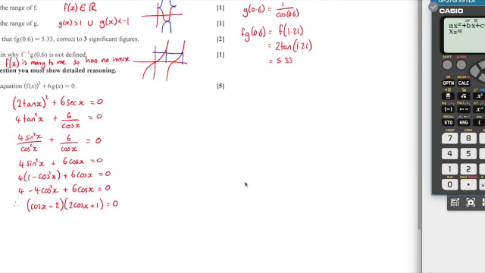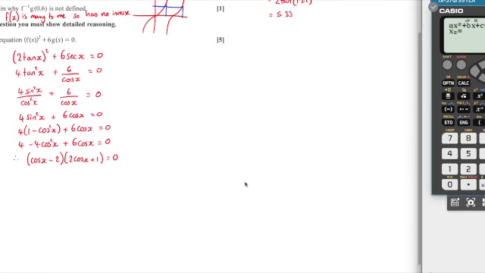So therefore I'm going to use the results that I just had. Cos x is 2, or cos x equals minus a half. Cos x equals 2 has no real solutions. So cos x equals minus a half.